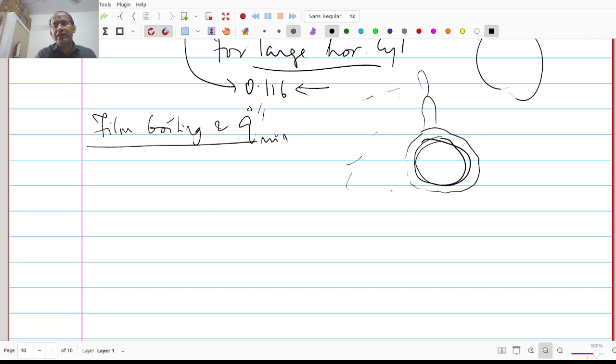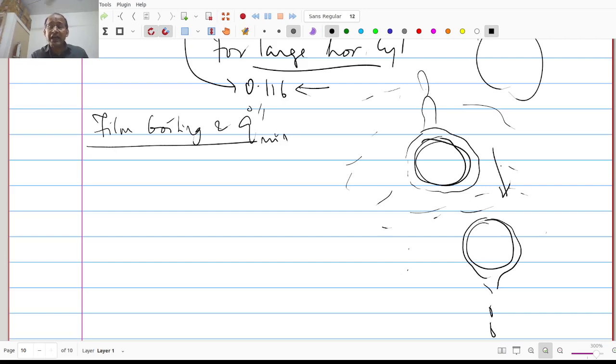There is a liquid that is surrounding this region. This is quite similar to film condensation on this one, where there is vapor all around, then there is a liquid film that is formed around this and it starts dripping, right?